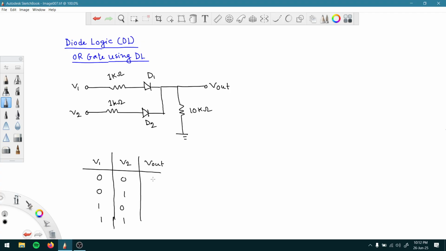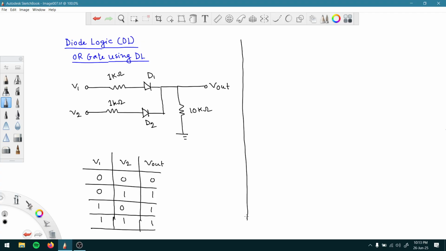And the output should be what? Whenever one of the inputs is 1, we are going to get 1. These are the 4 possible cases, and we have to prove that our circuit works properly for all 4 cases. So let us start with that.